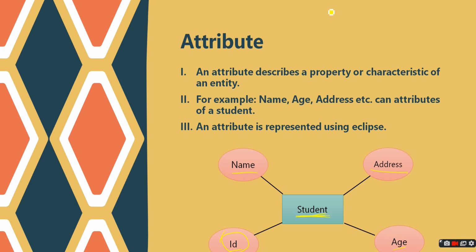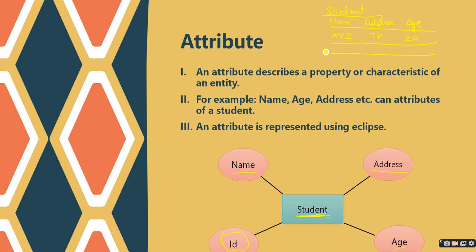Let's say I have created a student table, and in my student table I just take name, address and age. So there will be a chance that, let's say, the name is XYZ, the address is anything, and the age is 20.